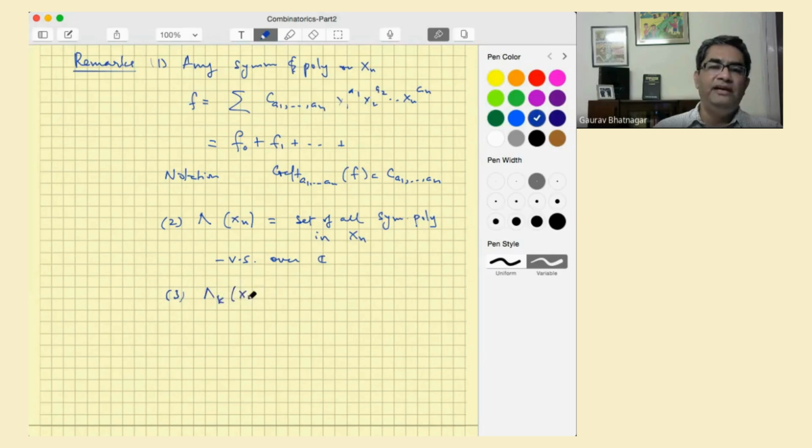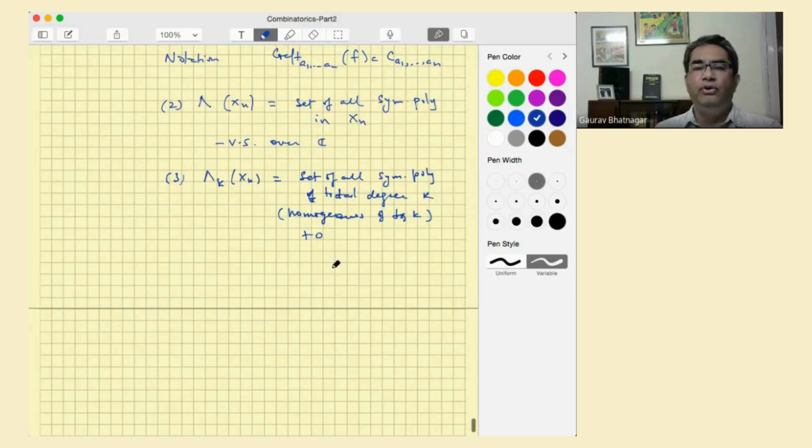If you just take the set of all symmetric polynomials with terms of total degree k, they're called homogeneous of degree k, plus 0, then this is a vector space also.